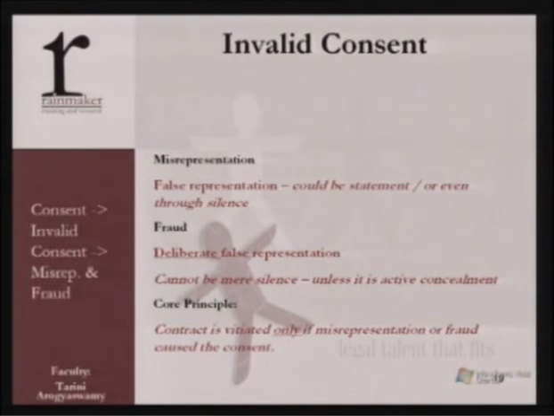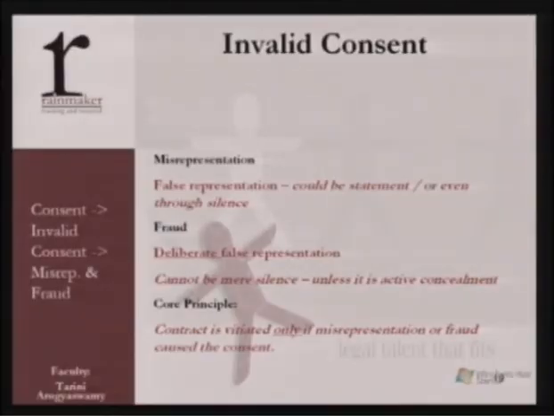It has to be through active concealment. The party does something to deliberately, purposefully, actively conceal something which would change the other party's mind, which would possibly lead to the loss of an agreement. The parties would not go ahead with the agreement.